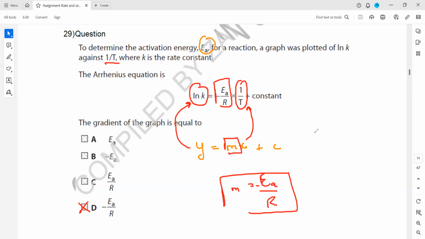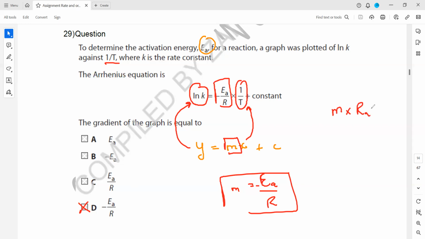And for this type of question in the exam, like the structured question, usually they will give you the values for k and T. You have to make another column to get the values of ln k and 1 over T. Then plot a graph between ln k and 1 over T, find the gradient of the graph, and from the gradient we need the activation energy. So how to get the activation energy?